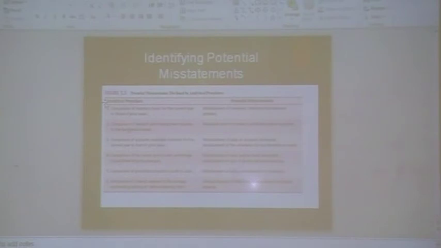Comparison of accounts receivable turnover for the current year to the prior year: misstatement of sales or accounts receivable, misstatement of the allowance for uncollectible accounts. Comparison of the client's gross profit percentage to published industry averages: misstatement of sales and accounts receivable, misstatement of cost of goods sold and inventory.